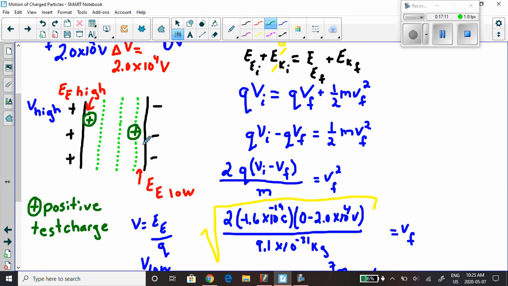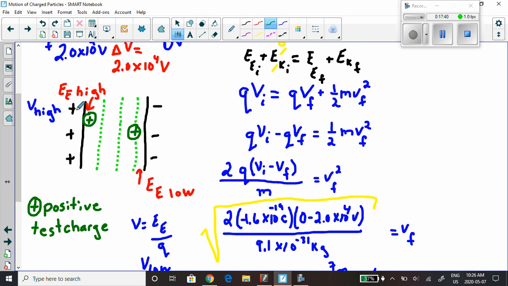Along here is your zero electric potential energy. And then as you move away from it, this positive test charge has the ability to fall through the electric field. So here would be a higher voltage line. And then even further, a higher voltage line.